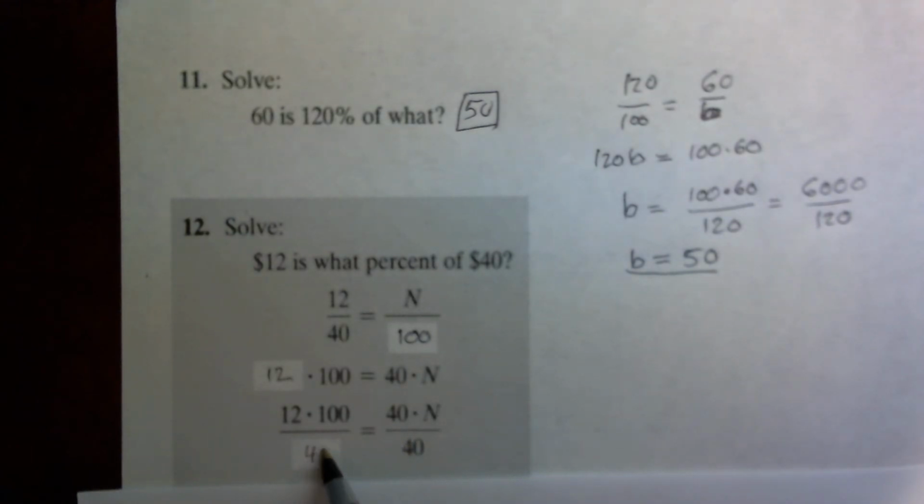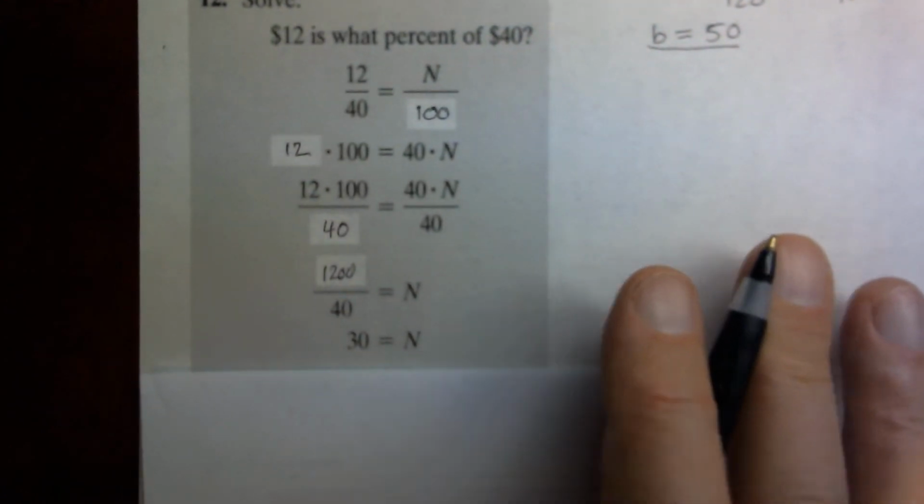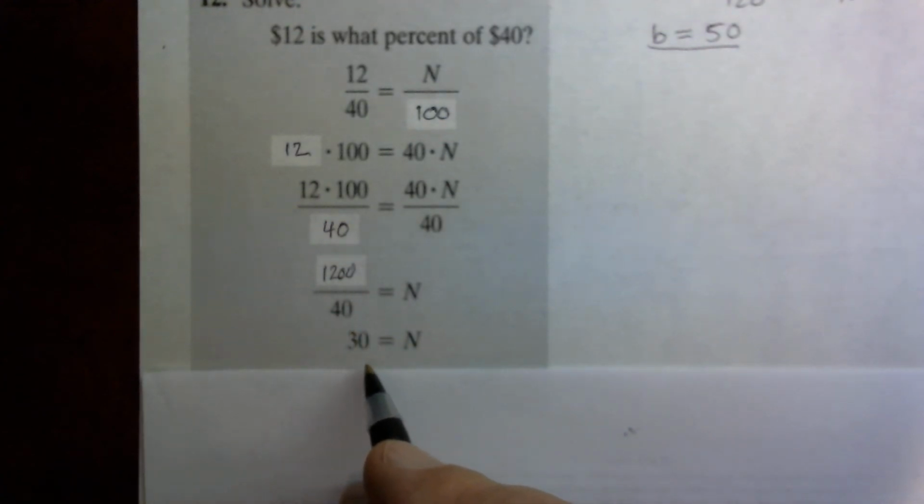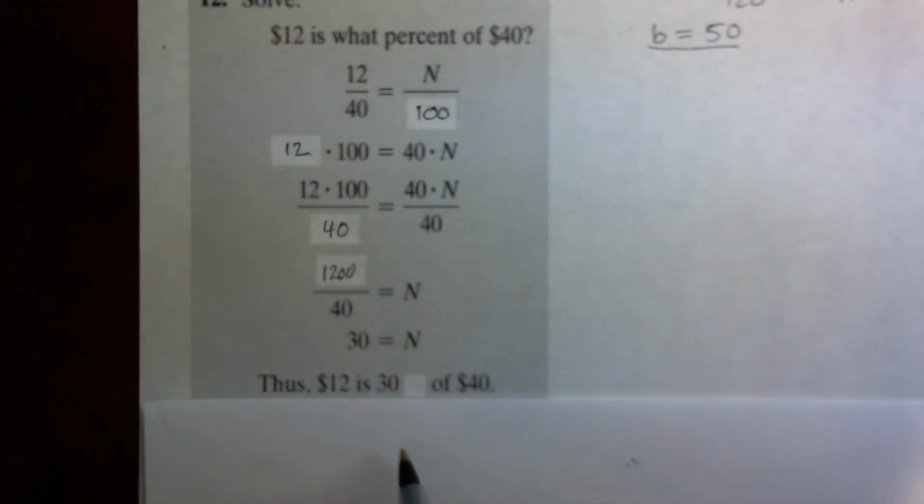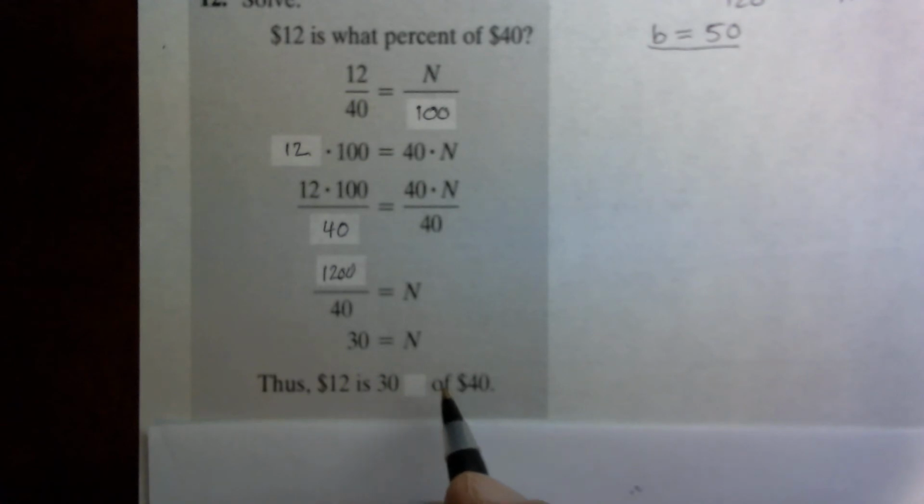So we have 1,200 divided by 40 is equal to n, and 1,200 divided by 40 is 30, so n equals 30. Thus, $12 is 30% of $40.